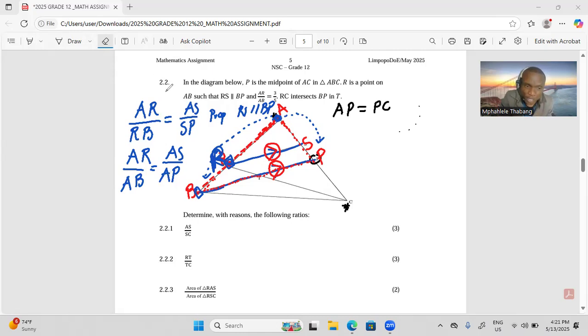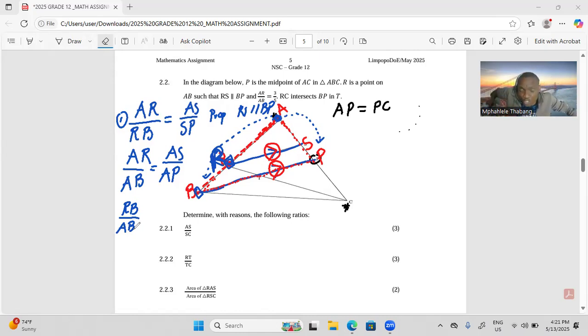So we have got two possibilities. We can say AR over RB equals AS over SP, or we can say AR over AB equals AS over AP, or we can also look at a different way of applying the prop theorem. Maybe you can even say RB over AB. What you do to that side, go and do it on the other side.